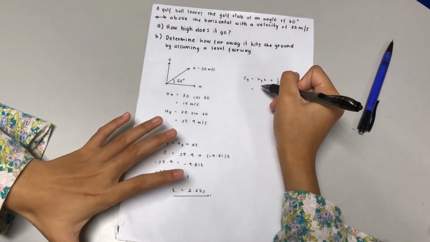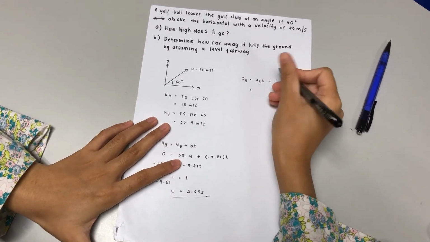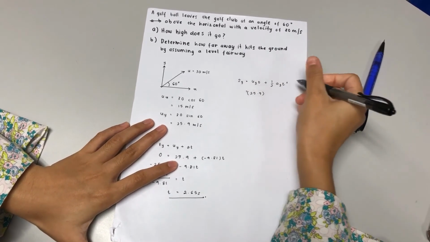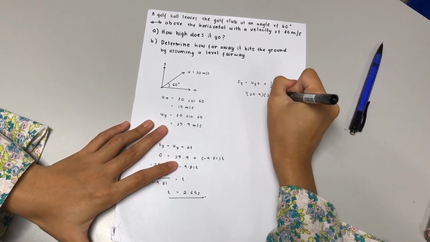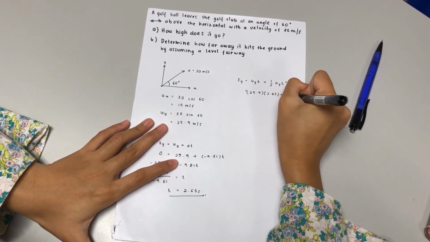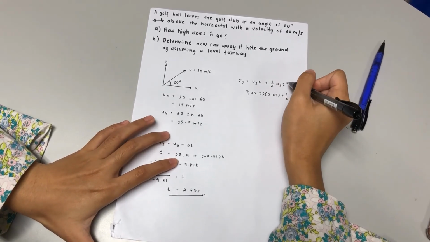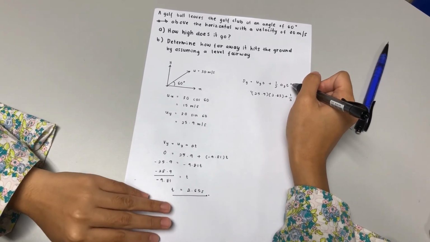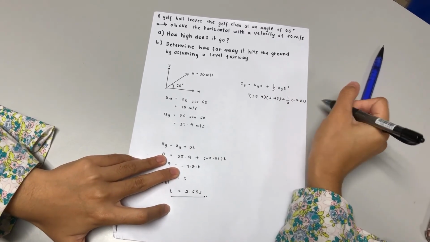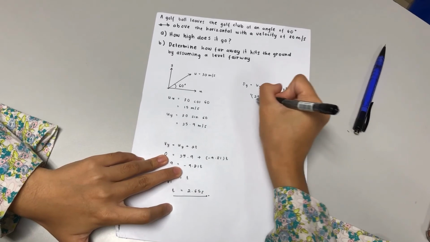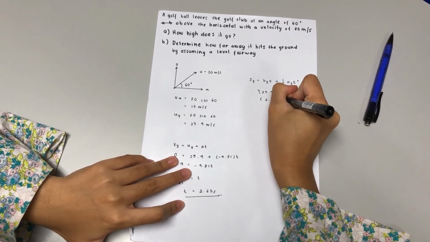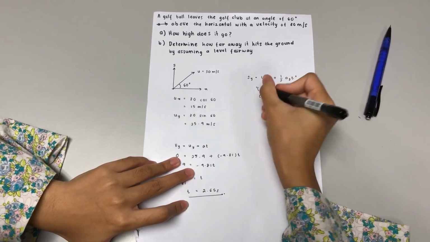Then when we get the time, we complete the distance formula. We take the uy value, which is 25.9, multiplied by 2.65, plus 1 over 2 a, we fill in the value of gravity, which is negative 9.81, times t, 2.65 squared.